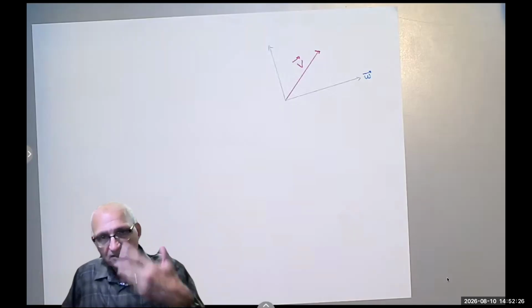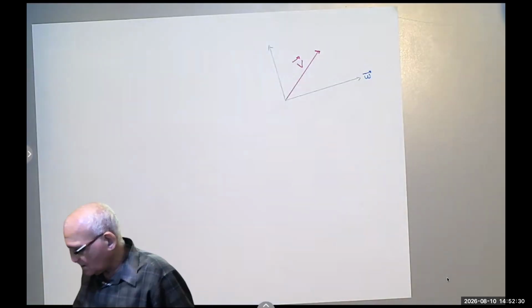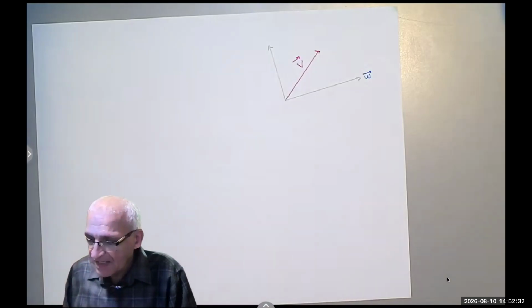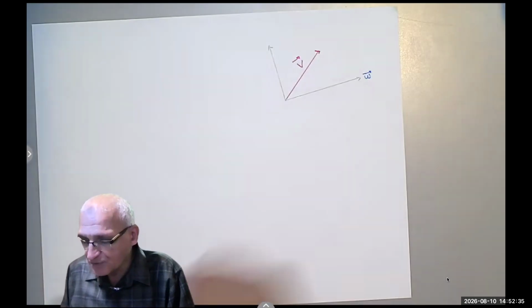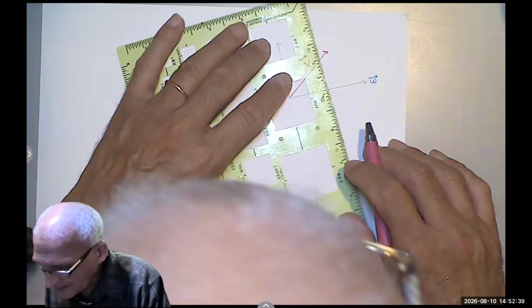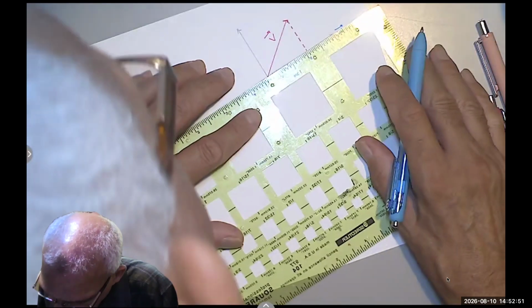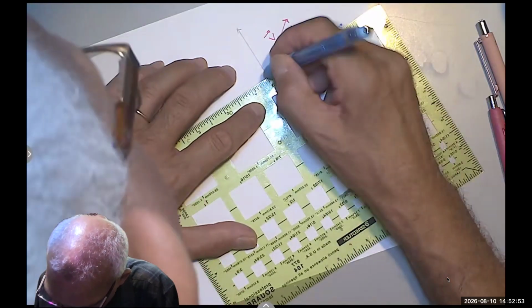And I told you that when we went through this session, to find the projection of V onto W, you draw a line from the end of V perpendicular to W. And this part would be called the projection.